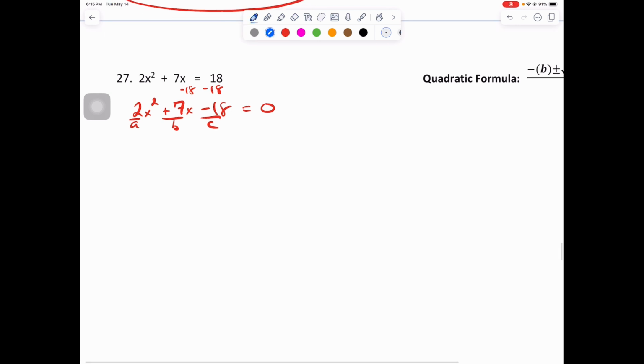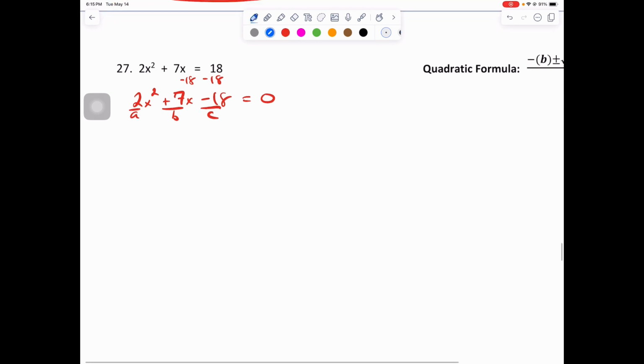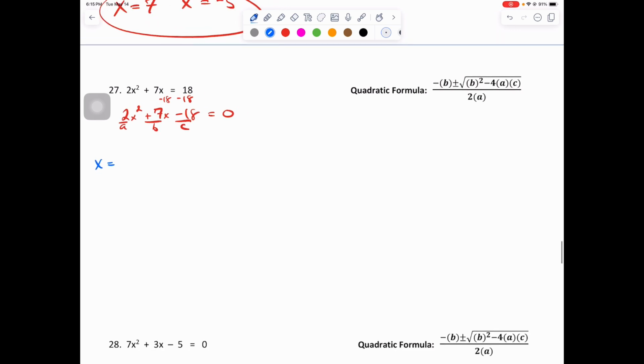All right, we are simply just going to write this as x equals. We're going to follow this quadratic formula. So the opposite and then our b, so we'll go negative. We'll put our b value of 7. We will put our plus minus symbol. We will open up our radical, and in parentheses, we will put our b value again, which is 7.